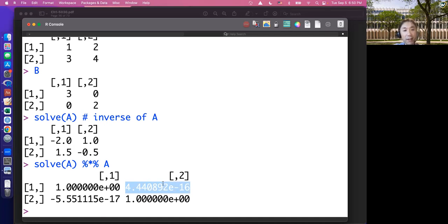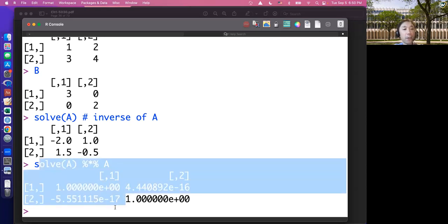So we have some rounding error, but except for rounding error, we have 0 here. And here also 0, negative 5.55 times 10 to the power negative 17, that is almost 0. And here, 1 times 10 to the power 0, that is 1. And this is 1. I don't know what logic makes this rounding error, but this basically becomes the identity matrix.